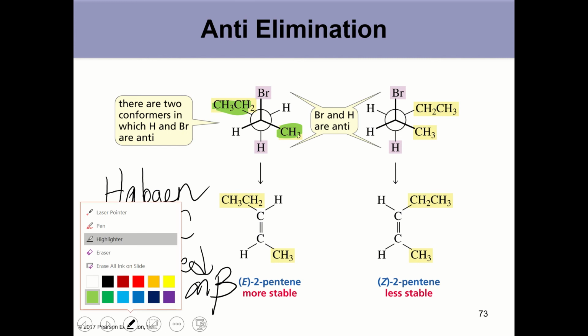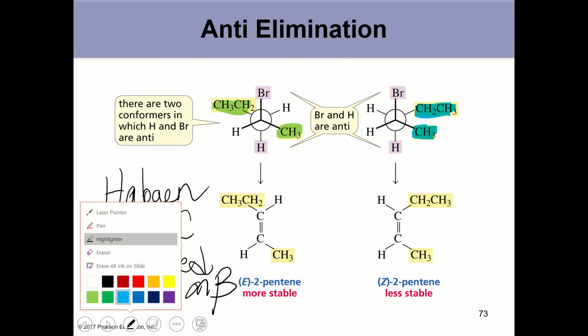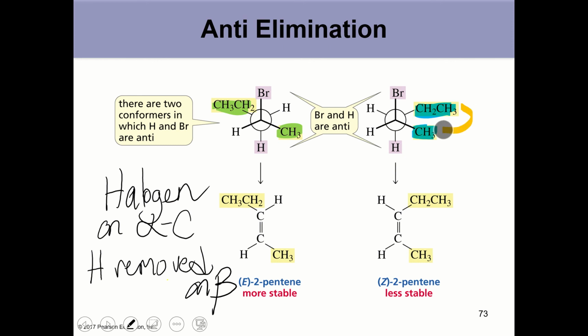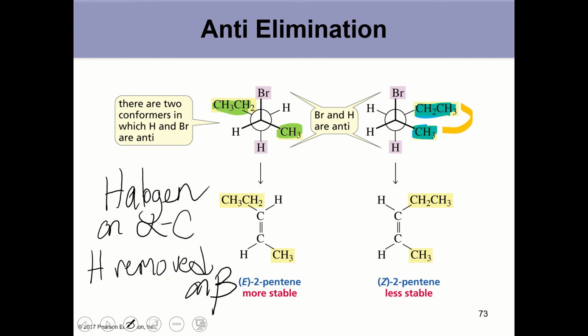But if you notice in the figure to the right, bromine and hydrogen are still anti, but the alkyl groups are in gauche. Remember the conformation called gauche. And this conformation has a lot of steric strain.